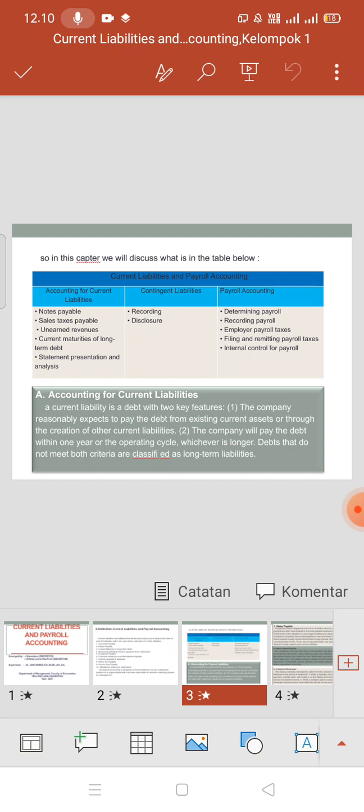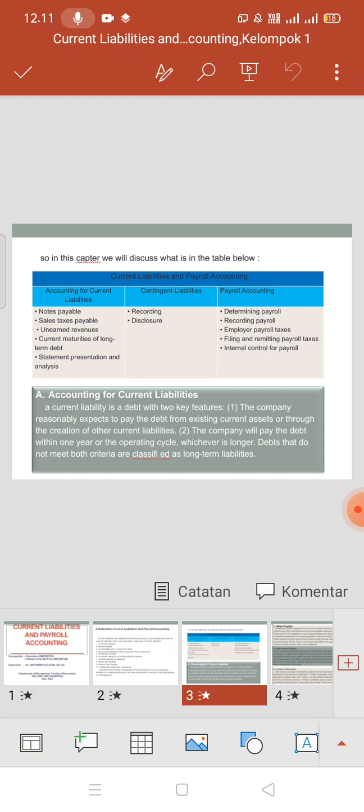Contingent liabilities: recording, disclosure. Payroll accounting: determining payroll, recording payroll, employer payroll taxes, filing and remitting payroll taxes, internal control for payroll.